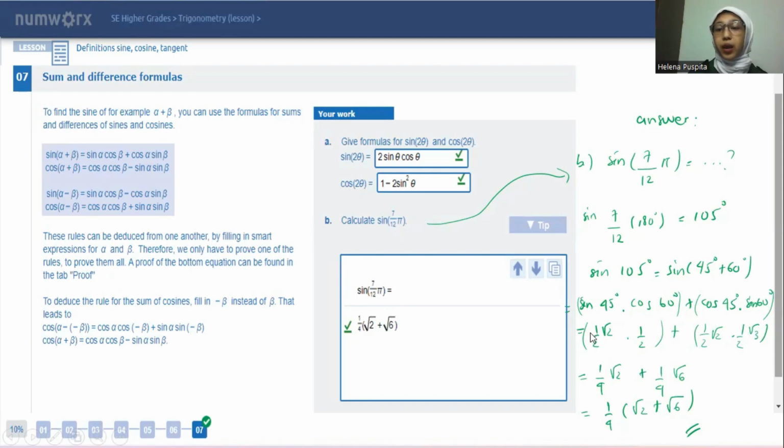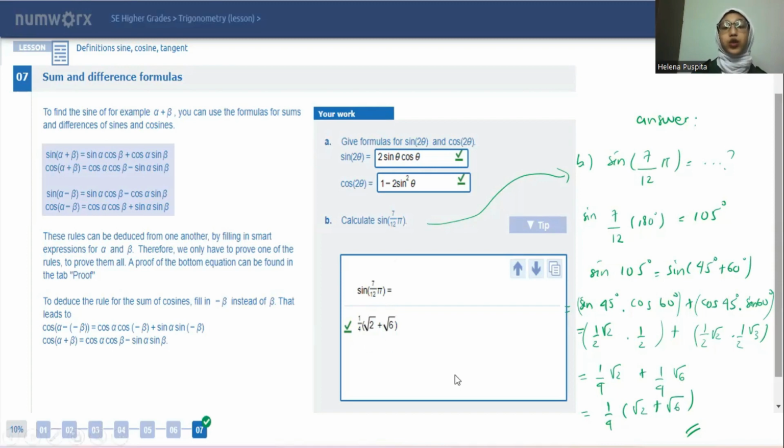So 1 over 2 square root 2 times 1 over 2 plus 1 over 2 square root 2 times 1 over 2 square root 3 equals 1 over 4 square root 2 plus 1 over 4 square root 6 equals 1 over 4 times square root 2 plus square root 6.